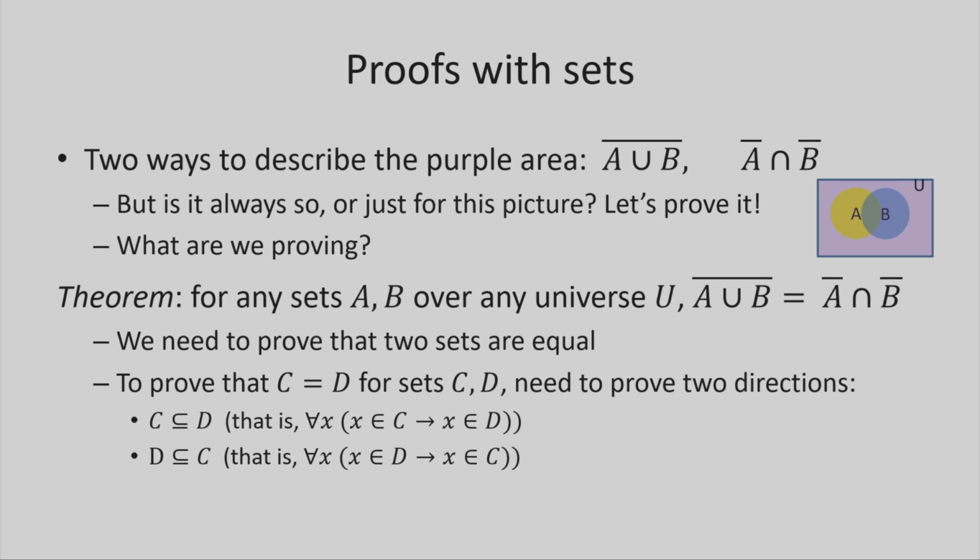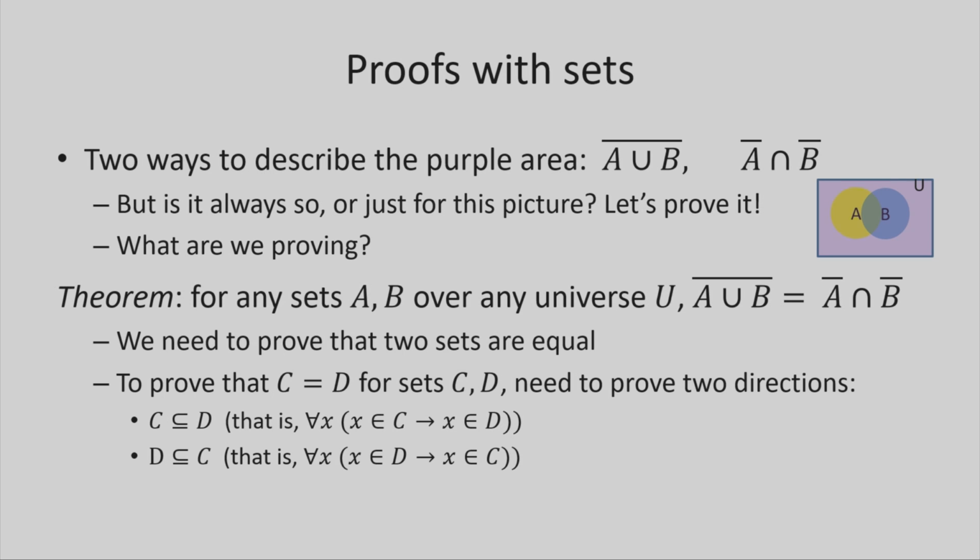So it's a complement of A union B. Another way of describing it is to say if I take everything that's not in A, everything that's not in B at the same time, this will be exactly the purple area, because things that are not in A but in B will be blue, not in B but in A will be yellow. If they are not in A and also not in B, they will be in the purple area.